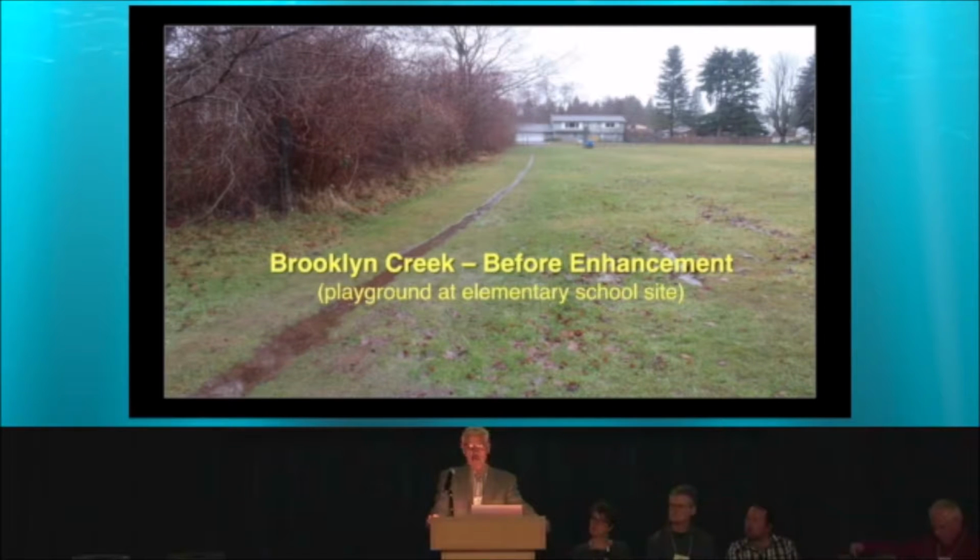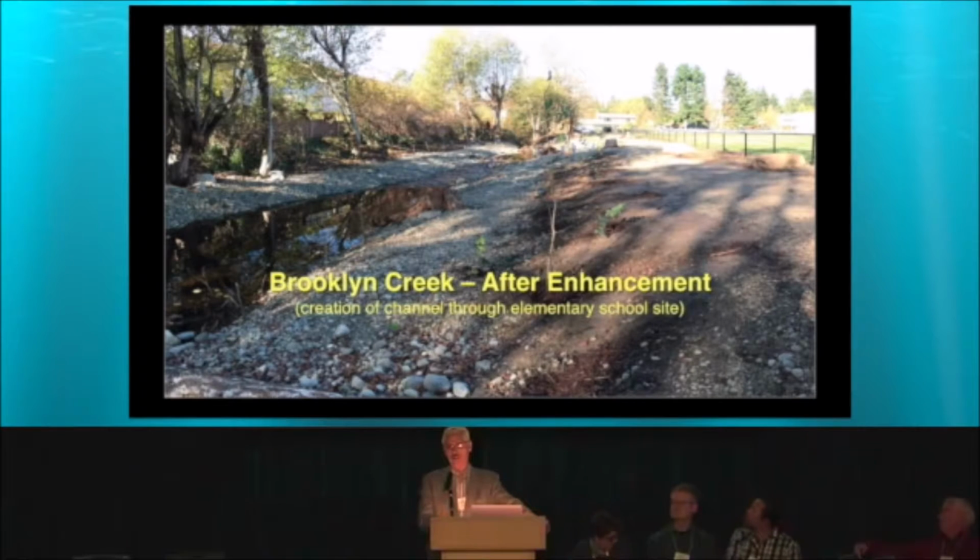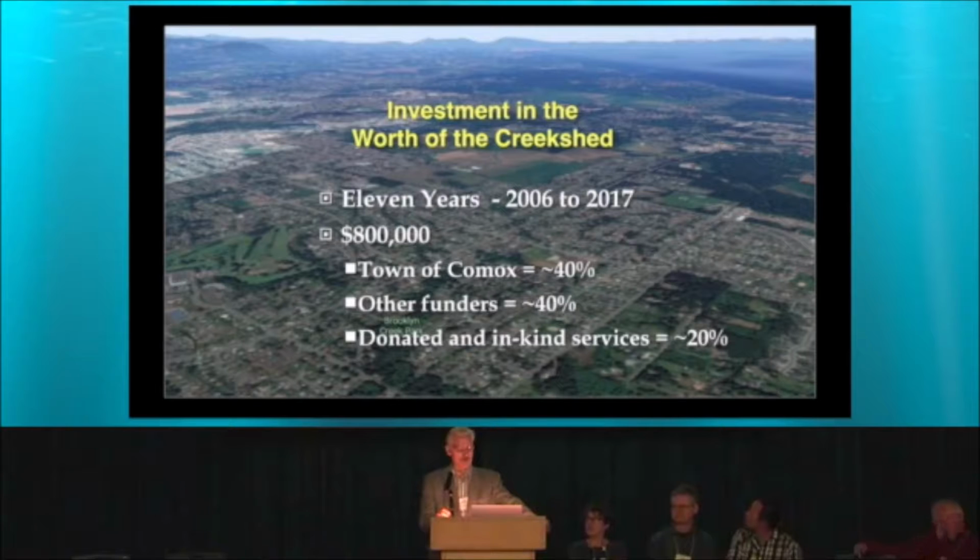Brooklyn Creek was done in a series of projects. Here's a photo of an area that was later enhanced, and on the left you see the thicket, and the stream is in there. This is after the enhancement was carried out in this particular section of the stream over a 2-year period. The strategy for this, which was very successful, was to have a long-term plan and have your collaborators agree to that plan.